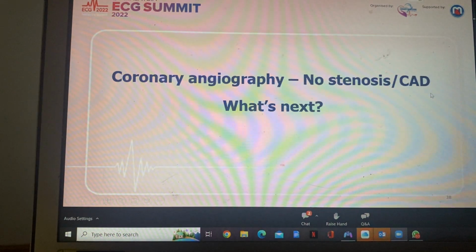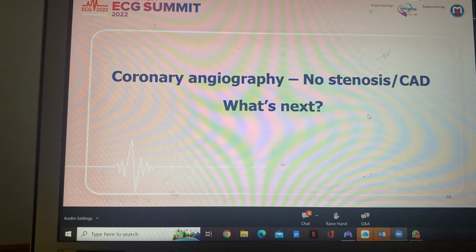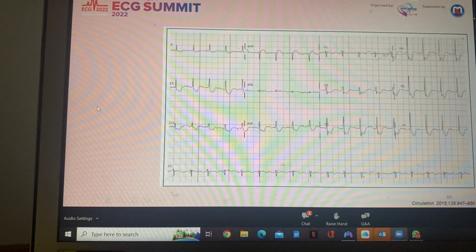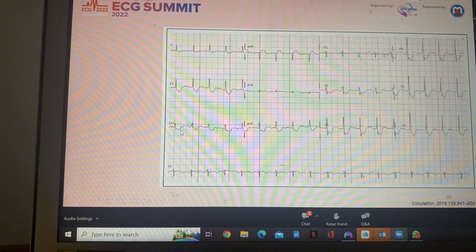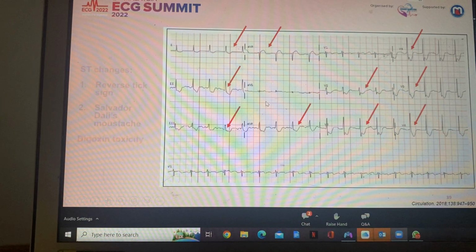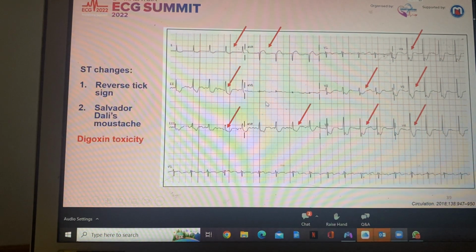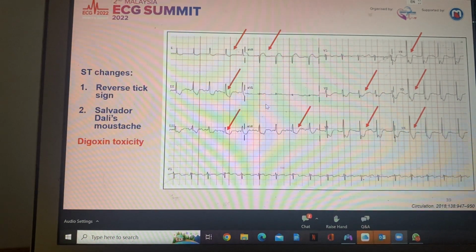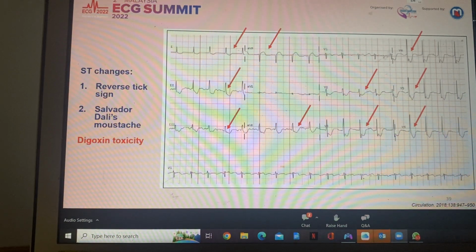So they did perform an angiogram for him, and there was no stenosis or CAD. So what is this widespread ST depression about? One of the possible diagnoses is digoxin toxicity, because this patient also had worsening renal function. So this is what we call a reverse tick.